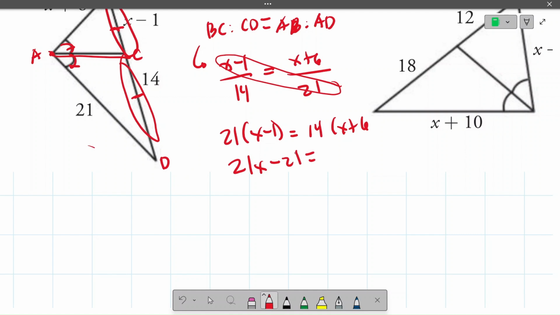And then we have 14x plus 14 times 6, that is 84. Combine like terms tayo, 21x, 14 here, ilagay natin yan. So magiging negative 14x. Right? Yes. And then this negative 21 becomes positive now once we transpose it onto other side. So 21 plus 84.